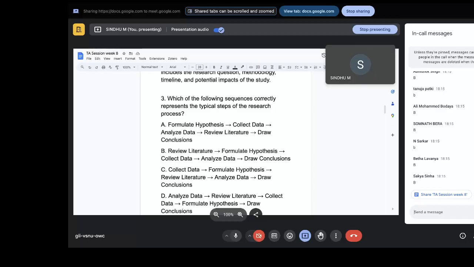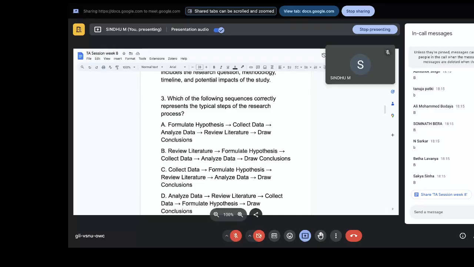Actually, literature review, we can get some idea about the previous works, what has been done, and finding the gaps. Then this knowledge is used to formulate a hypothesis. After getting the hypothesis, we collect the data and analyze it, and finally, after data analysis, draw the conclusions.